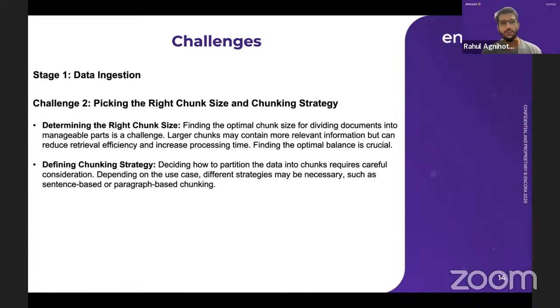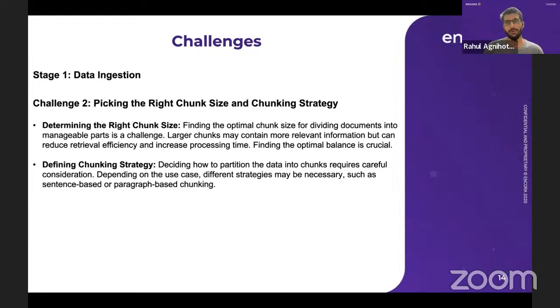Second challenge is what is the right chunk size and chunking strategy I'm going to use. As I told earlier, all of these models take input of a fixed, maximum size. So for instance, let's say a GPT-4 model can take 128K words. For example, I'm using a word instead of a more technical term as an input. So you need to know what kind of GenAI model you're going to use, and depending on that, your chunk size will change.